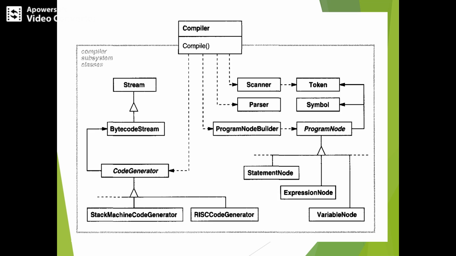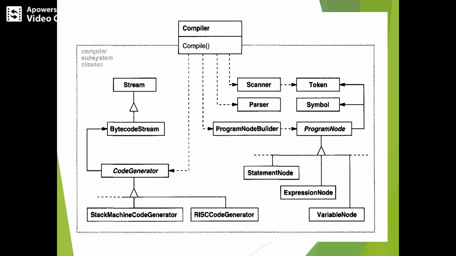That makes it very easy for subsystem classes, like the bytecode stream, code generator, and stream classes, to communicate with each other whenever the client requires. The client does not need to communicate directly; it goes through the entire compiler subsystem classes. This is the major thing.